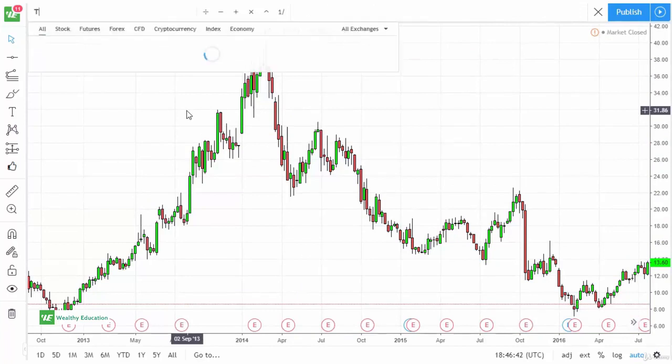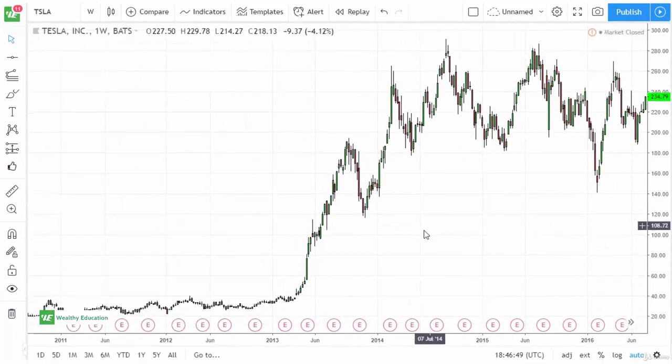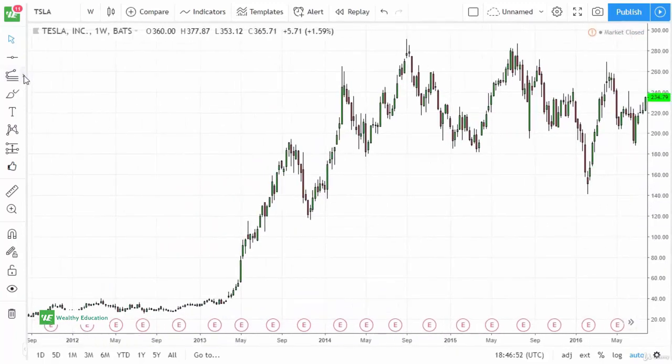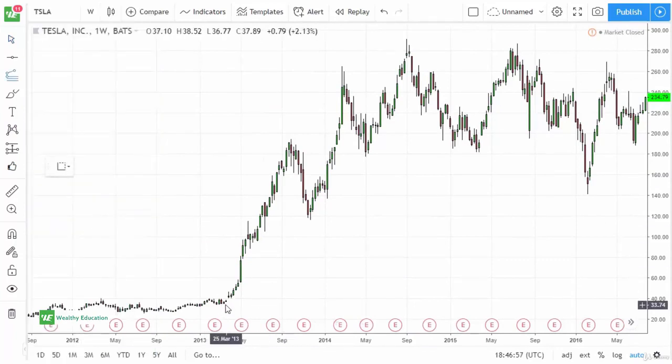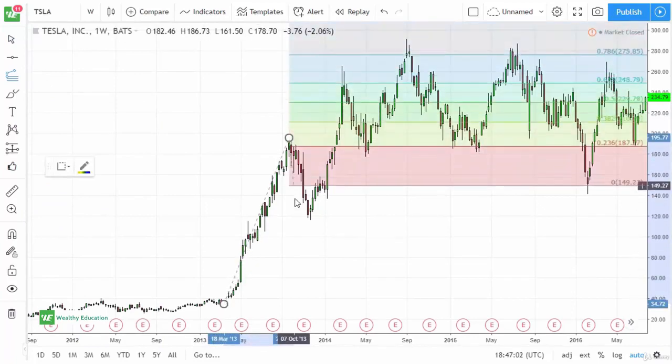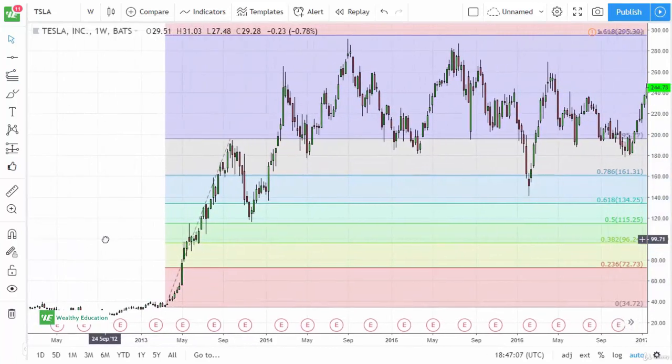So let's see what Tesla's got going on. I'm going to go ahead and use the trend-based fib extension because it gives us both. We've had a nice strong move all the way up to here. We pulled back here. So let's take a look at this trade. The first thing you should notice is that we have a pullback as we started to fall.